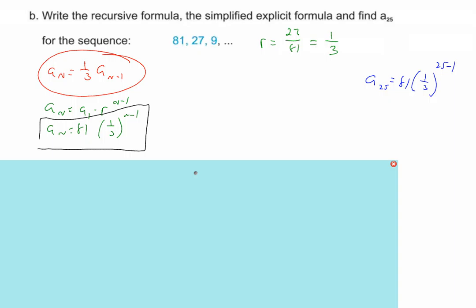So let me just show you. We can play around with this thing and have a little fun with it. I'm looking at the 81, and I could think of 9 squared, or I could think of 3 squared squared, and this is all times the rest of the stuff.